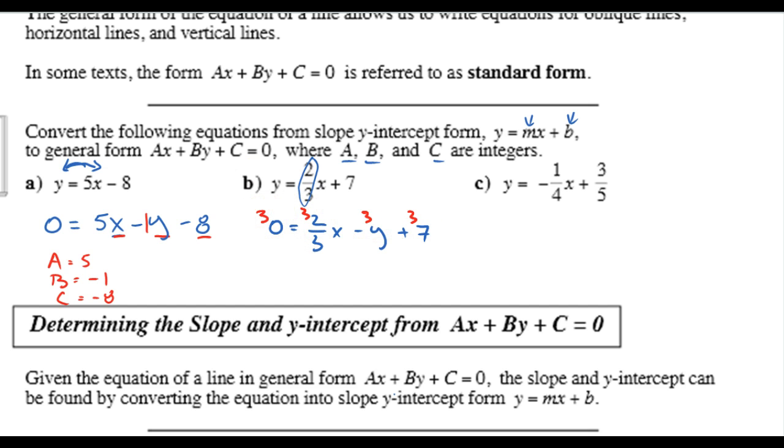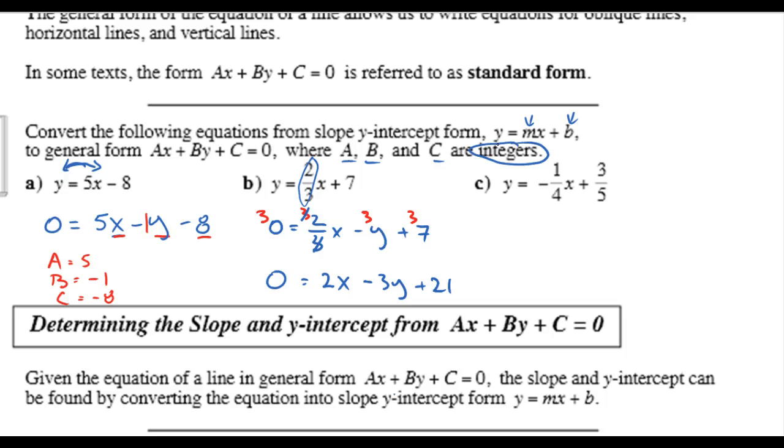Well, 3 times 0 is going to end up as 0. The 3 and the 3 cancel here, so I have 2x minus 3y plus 21. Okay, so all I did was manipulate it a little bit just to get rid of that denominator, because I do have to have integers for a, b, and c.